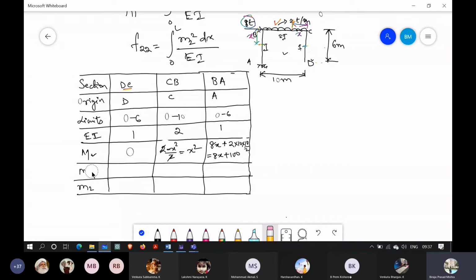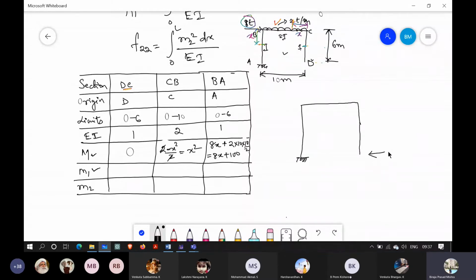So next one is, sorry, the M1. Now how will we find M1? As I told, M1 is the moment at any section due to the unit load applied at coordinate 1. So this is our coordinate 1.